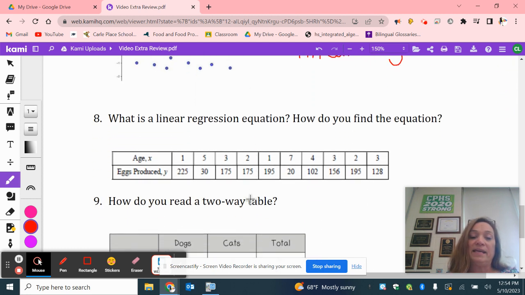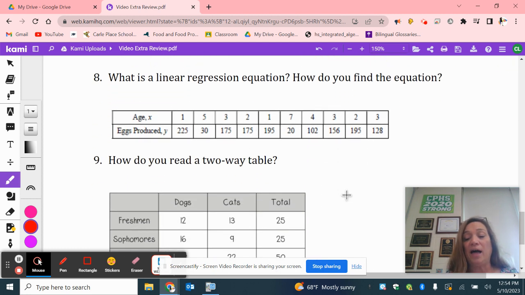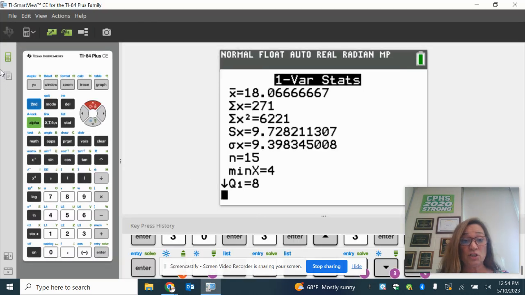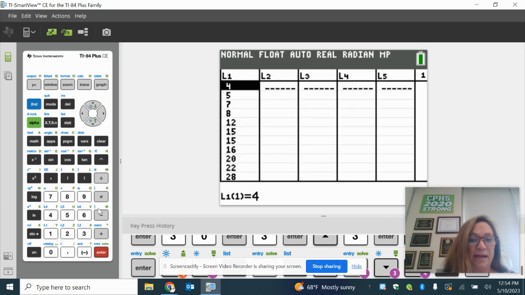Okay, what is a linear regression equation? It's basically the line of best fit or the predicted line. Okay, so like I gather this data and then I want to see if I can write an equation for this. So I'm going to go back to my calculator. And this is just going to take me a minute because I have to enter this data. So I go stat, enter.